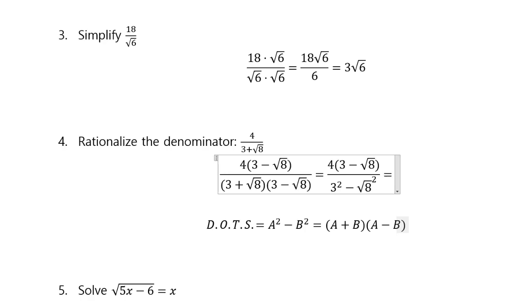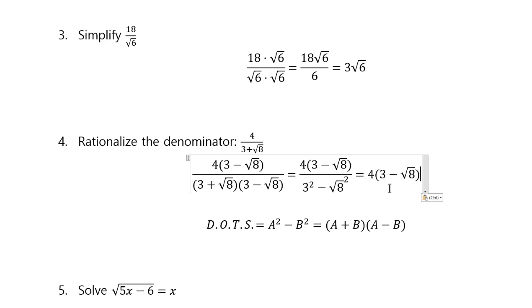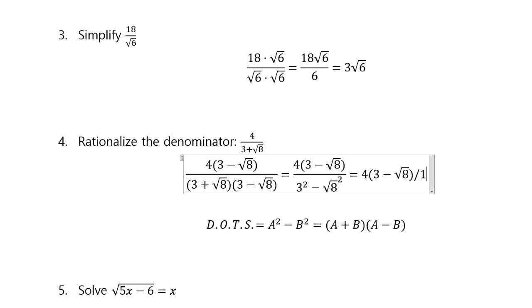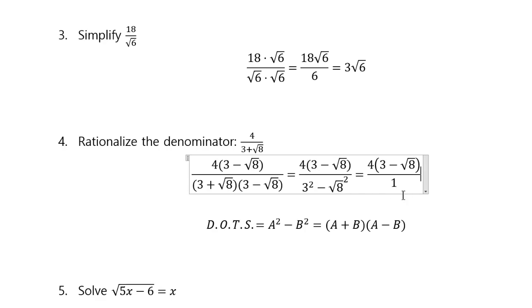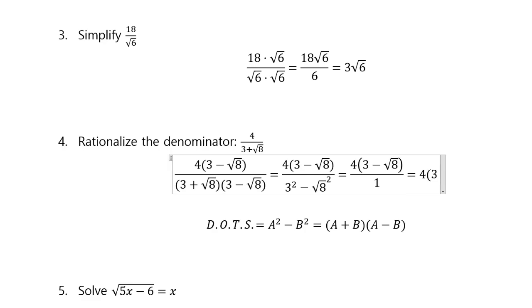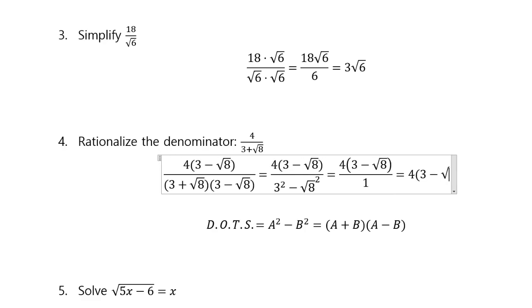And what you get is 4 times this, divided by 9 minus 8, which is just 1, right? 3 squared is 9, 9 minus 8 is 1. So you just get 4 times 3 minus square root of 8.